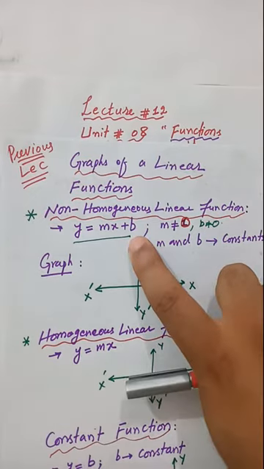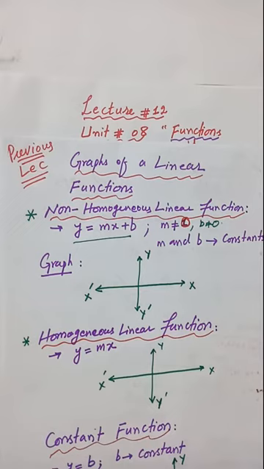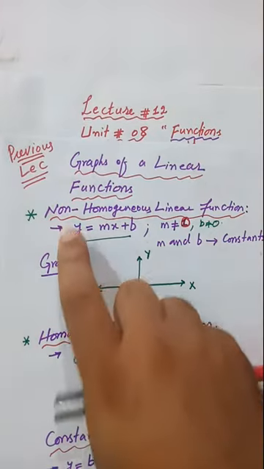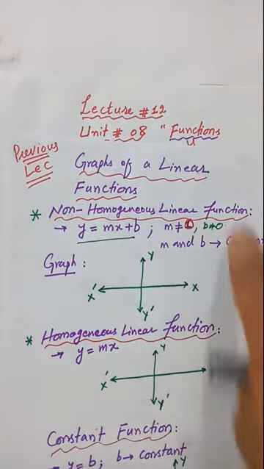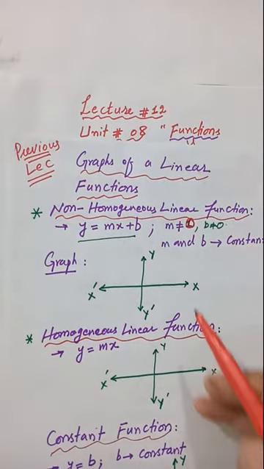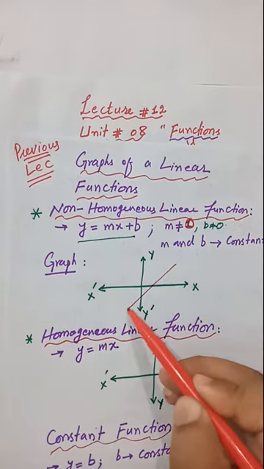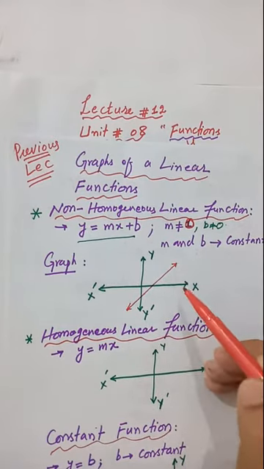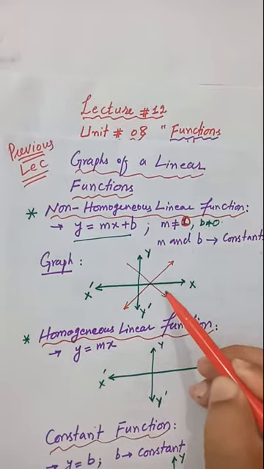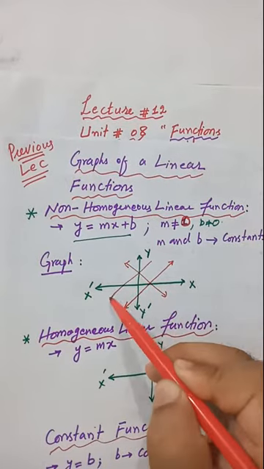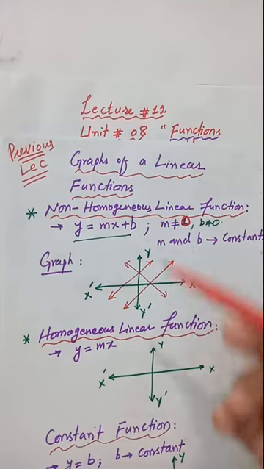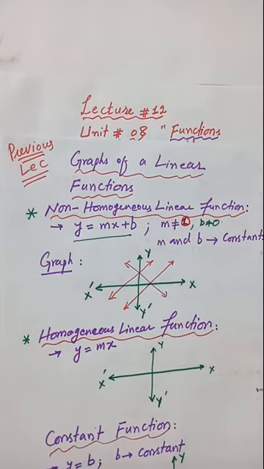When b is not equal to 0, the y-intercept is there, and since the y-intercept is other than the origin, that line will never pass through the origin. So when a function is a non-homogeneous linear function, the shape will be a straight line. It may be like this, it may be like this. These are all the possibilities of the graphs of this function, but it will never pass through the origin because b is not equal to 0.